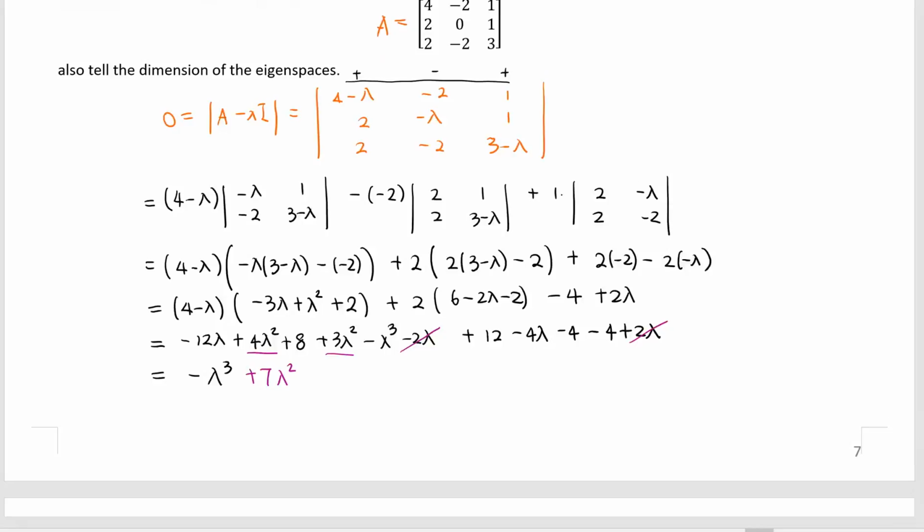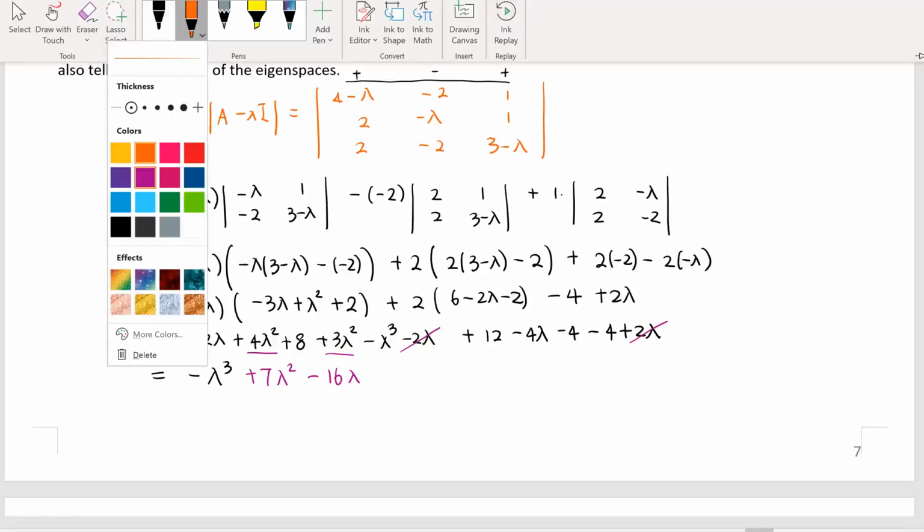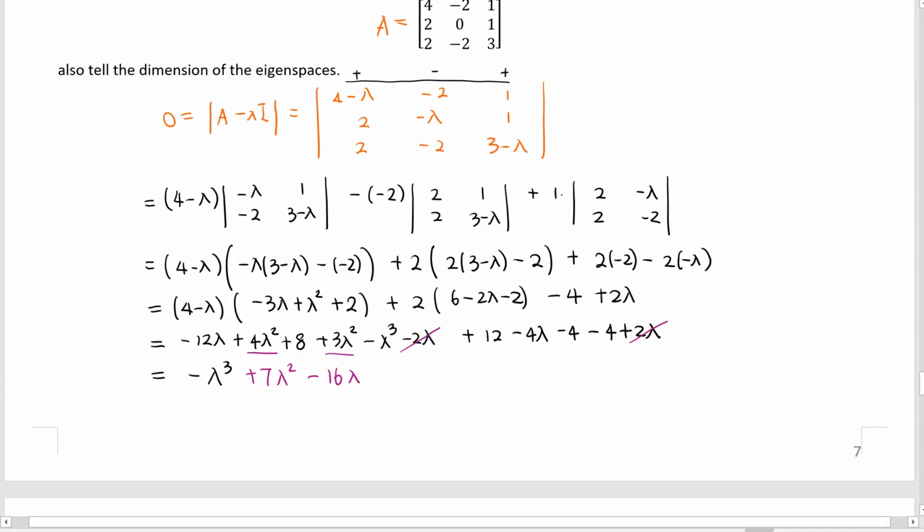We have minus 12 lambda and minus 4 lambda, so we have negative 16 lambda. And what's the constant term? We have 8 and 12, that's 20, minus 4, so 12.